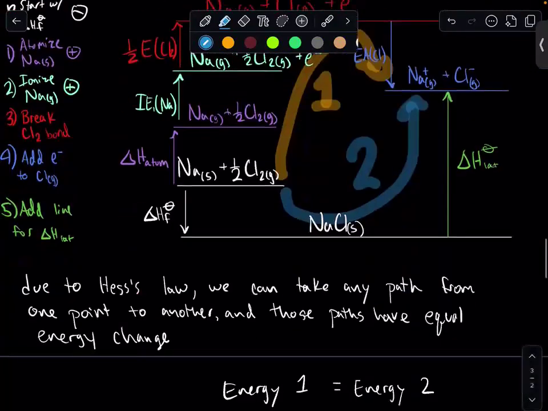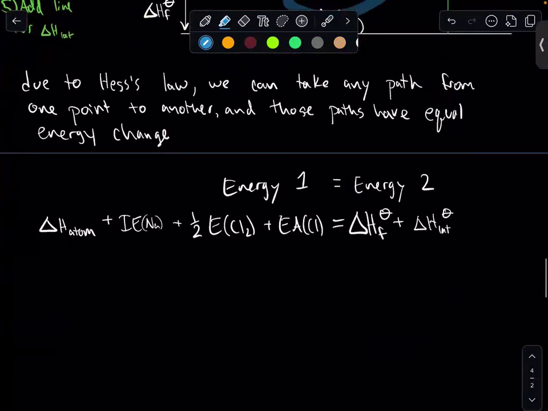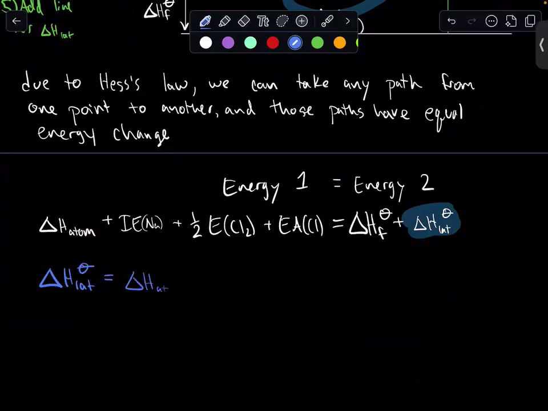There's too many factors, but we don't need to do it experimentally when we have the others. Now we're just isolating the variables. I can rearrange my whole equation to say delta H lattice is equal to, and I'm going to shorten these, delta H atom plus ionization energy plus 1/2 bond energy plus electron affinity, and then minus delta H formation. And this will determine the lattice enthalpy of sodium chloride.